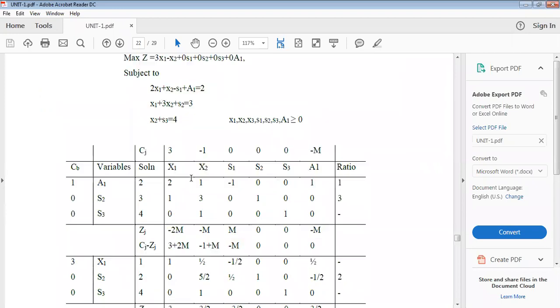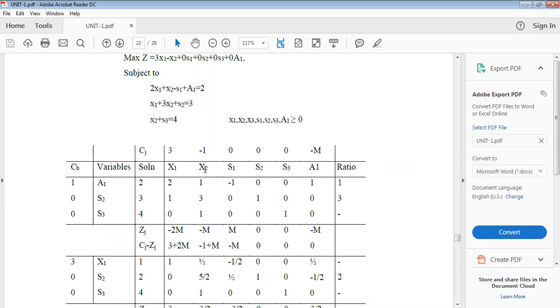Therefore, you draw the table. Now you have this artificial variable, and this is a little bit confusing. This is the CB values. Previously it was S1, S2, S3. Now the basic variables are A1, S2, S3; S1 does not come here.